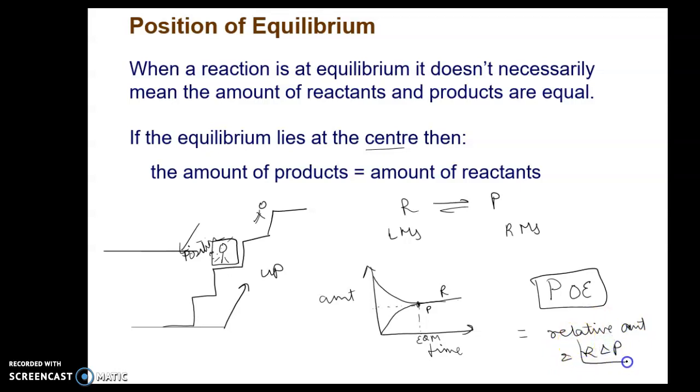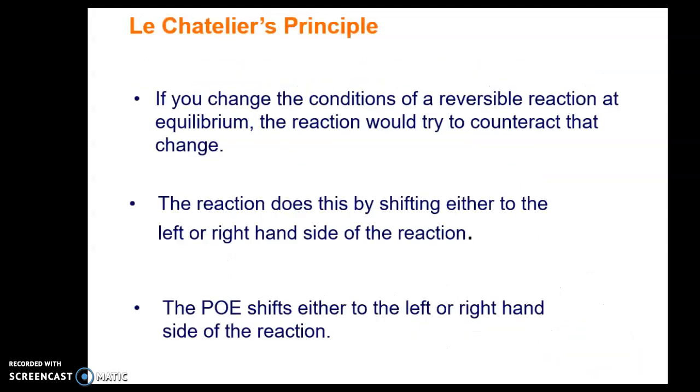And you can change the relative amount, you can change the position of equilibrium by using Le Chatelier's principle. Le Chatelier's principle is all about certain factors that you can use to change the position of equilibrium, because according to Le Chatelier's principle, if you change some conditions, then the reaction's position of equilibrium would move to counteract the change.